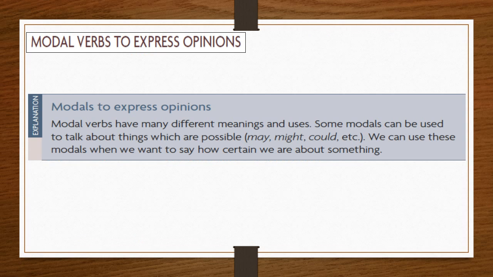Now let's move to the modal verbs. Modal verbs are verbs to express the mood you are in. Modal verbs to express opinions can be used to talk about things which are possible, like may, might, can, could.